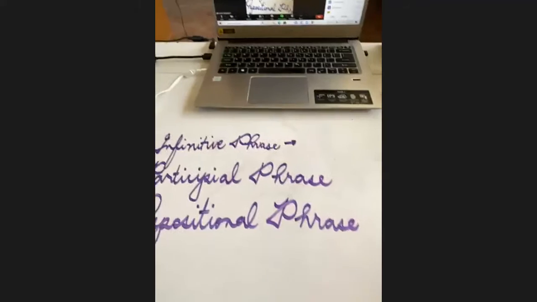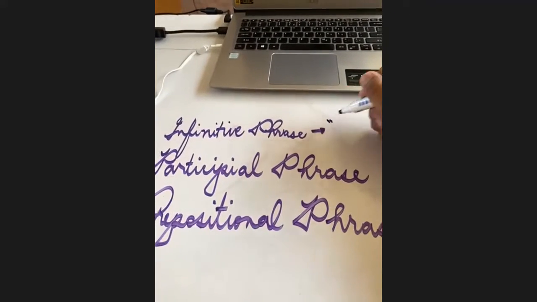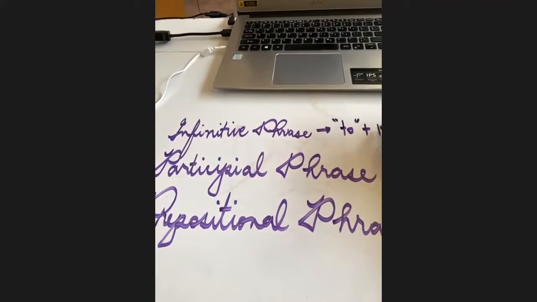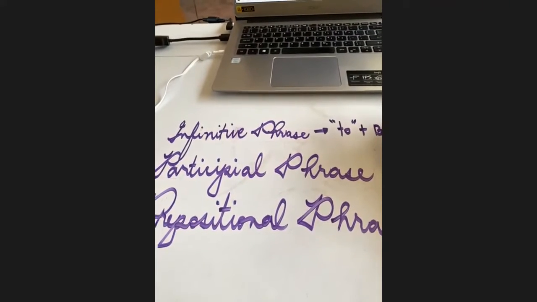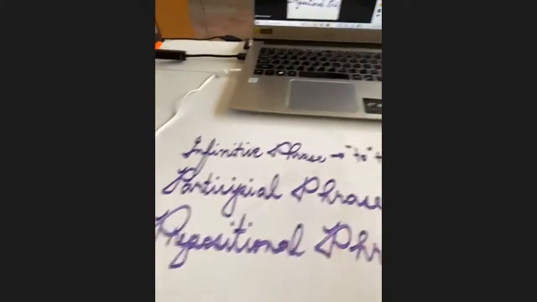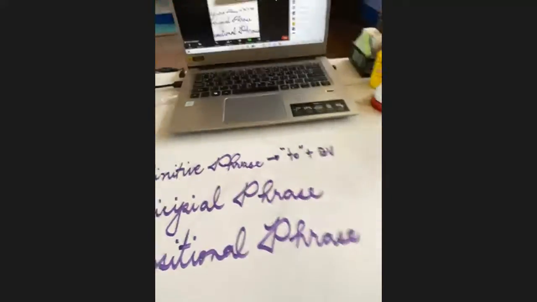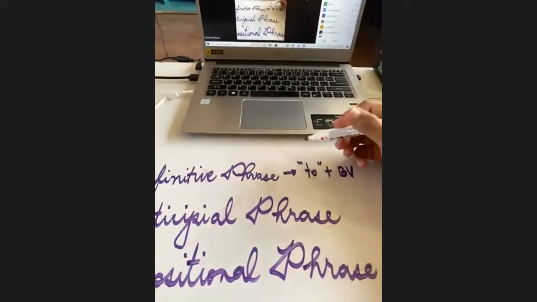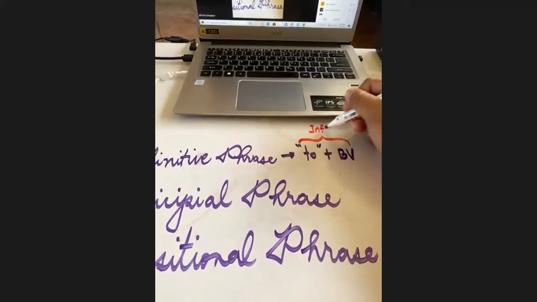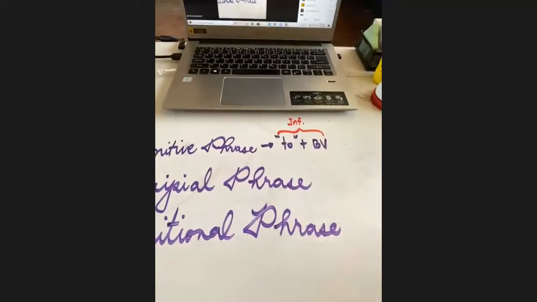Okay. The infinitive phrase is structured by having the preposition to plus the base form of the verb. You have the base verb. This to and the base verb constitute what you call the infinitive. Take note, this is just the infinitive. That's not yet the infinitive phrase.